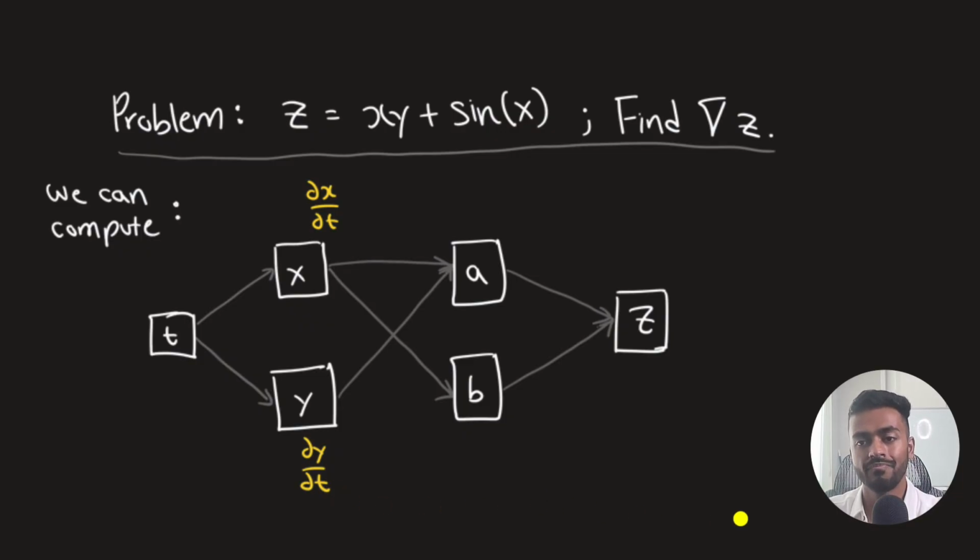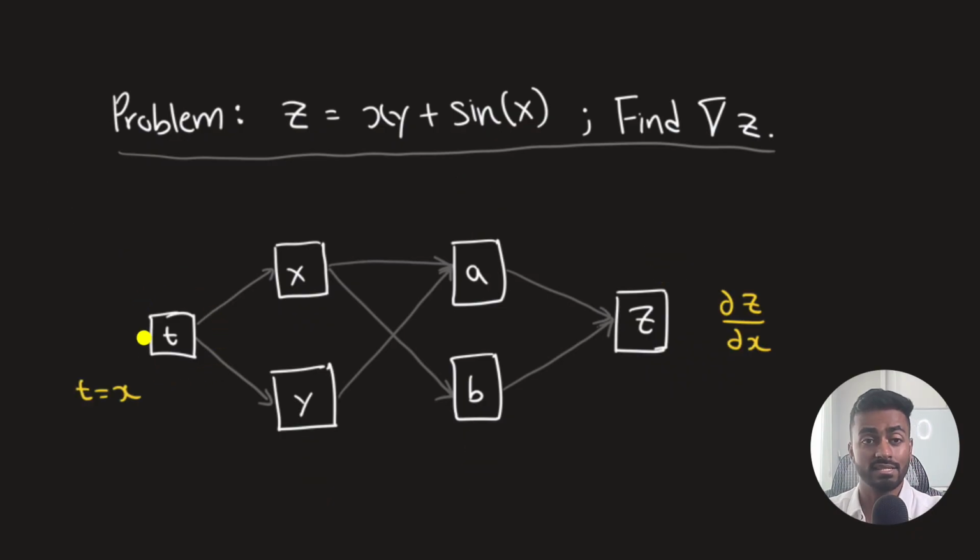No problem. Next, we can compute the partial derivative of a with respect to t, as well as b with respect to t. Putting all of it together, we can compute the derivative of z with respect to t.